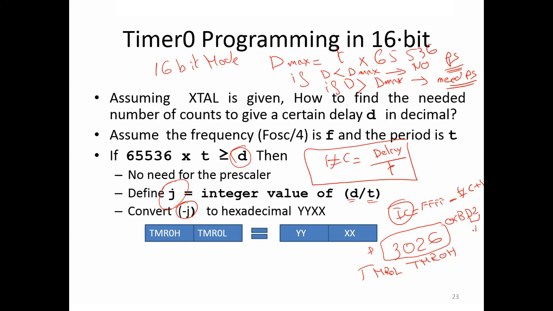So the D2 will be the value of timer 0 low, and the 0B will be the value of timer 0 high.